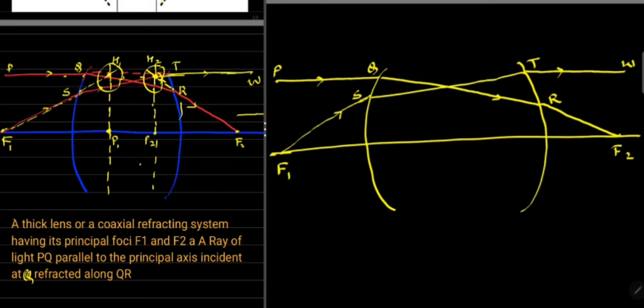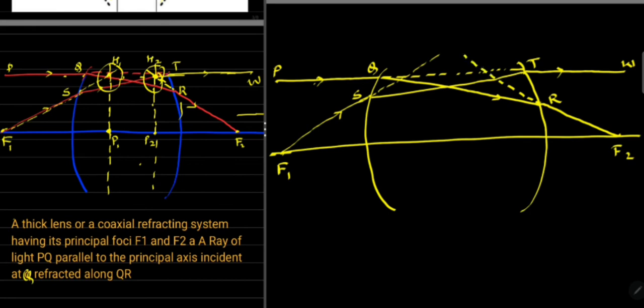Now we will extend this incident ray parallel to the principal axis, and then it joins the refraction of the ray which is from F1, and now we will extend this F1 S ray. Okay, and then next, the refracted ray of PQ, we will extend in the backward direction.